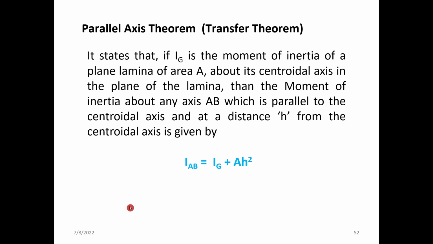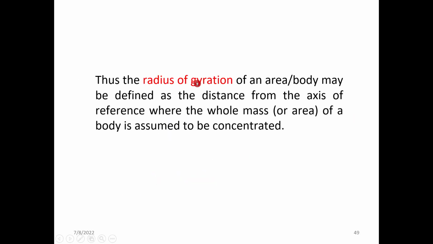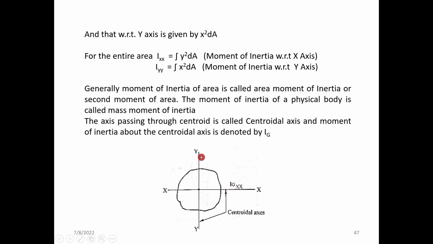And the parallel axis theorem, or transfer theorem, states that if Ig is the moment of inertia of a plane lamina of area A about its centroidal axis, we have defined this Ig previously, so this was the Ig through the centroidal axis.